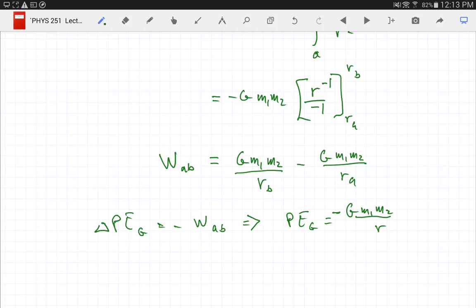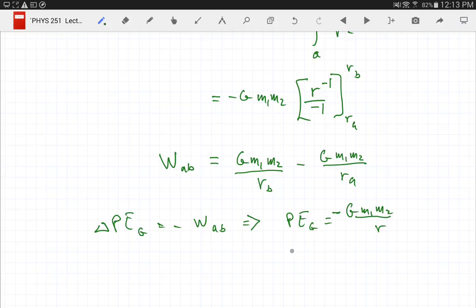Now, once again, you could have a gauge transformation, but it would make your math difficult. So we choose our reference point for zero potential energy to be the r value where this function gives us 0.